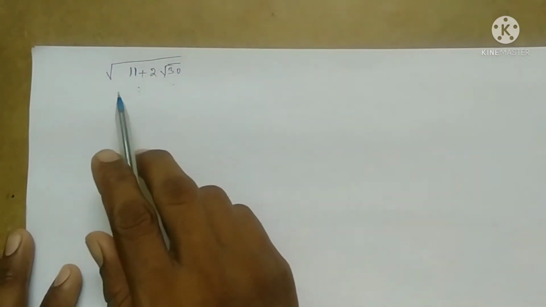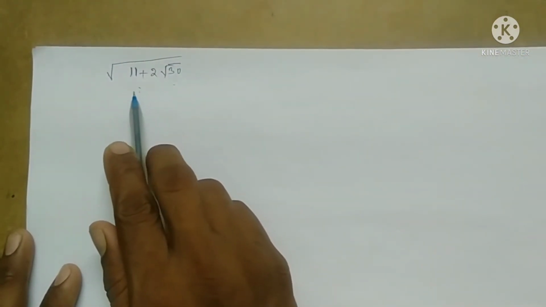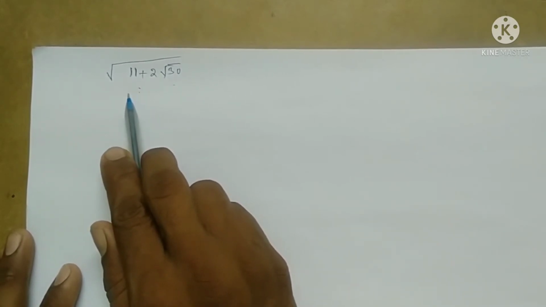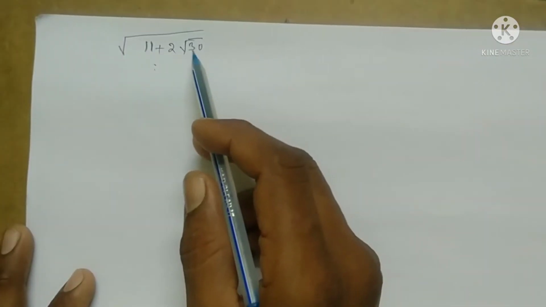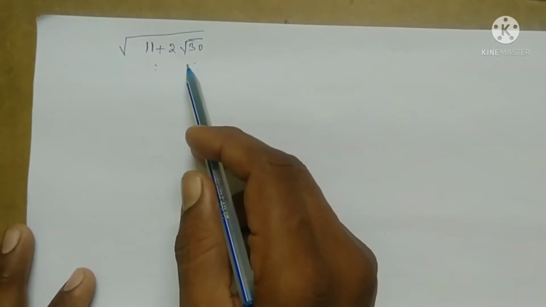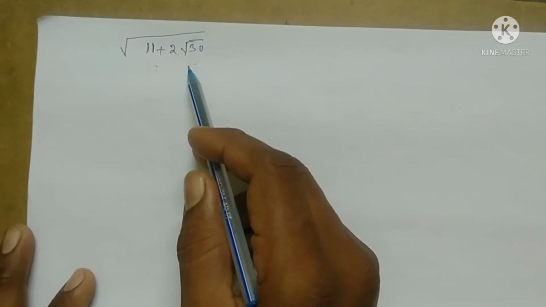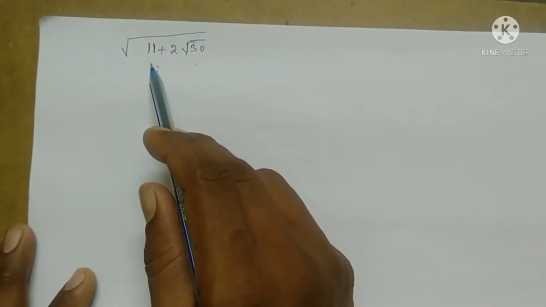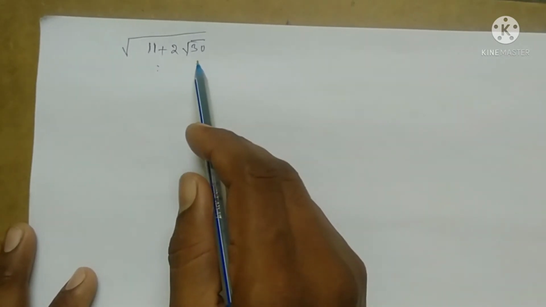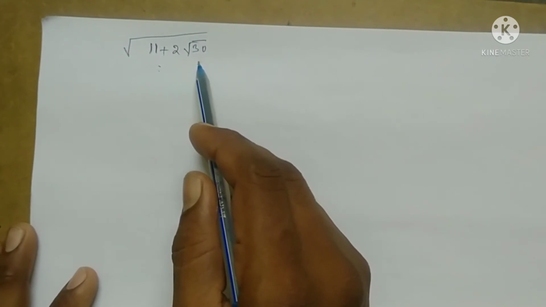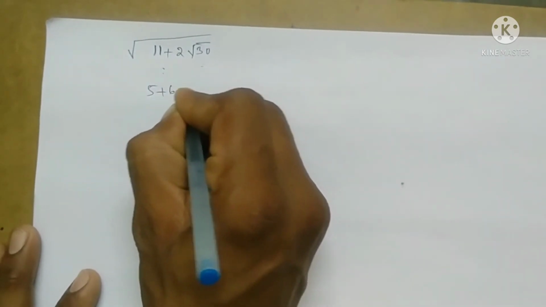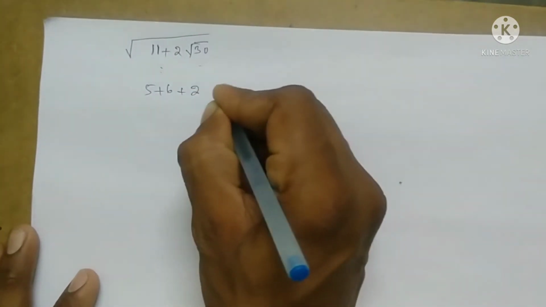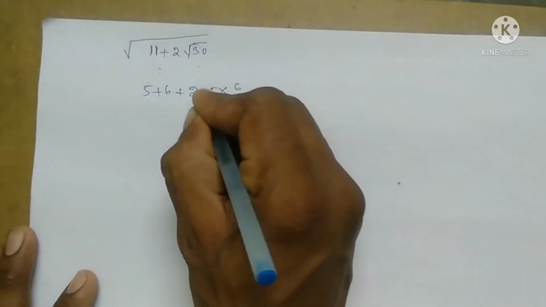First we have to split this 11 as a two-term summation, that is 5 and 6. 5 plus 6 is equal to 11, right? So root 30, change it into two terms multiplication. 5 into 6 is equal to 30, right? So square root of 5 plus 6 plus 2 into root 5 into 6.